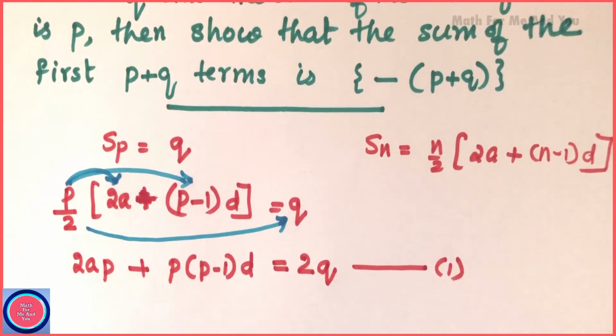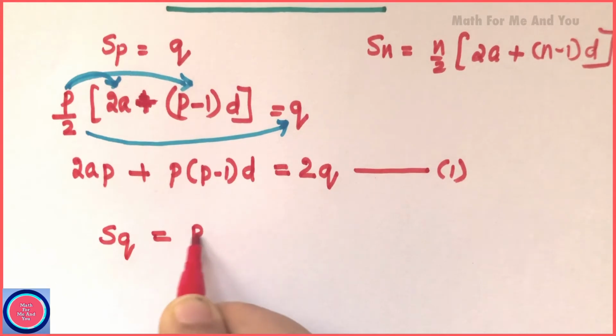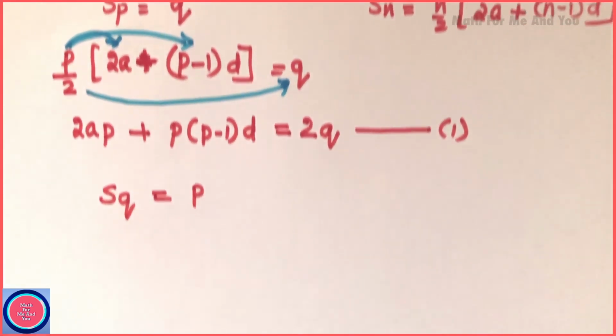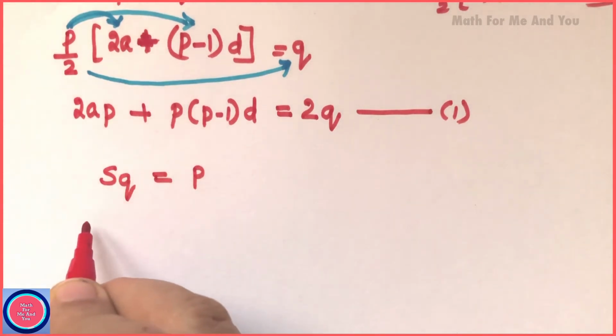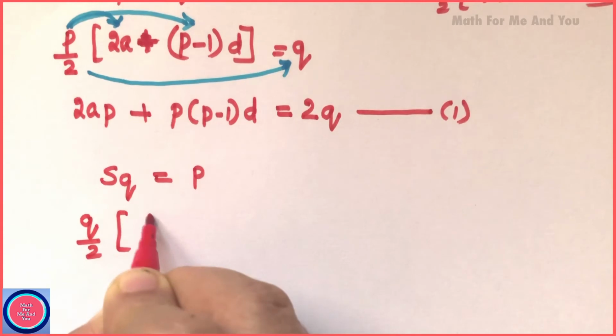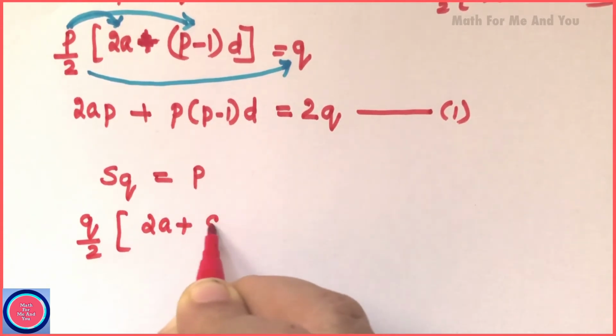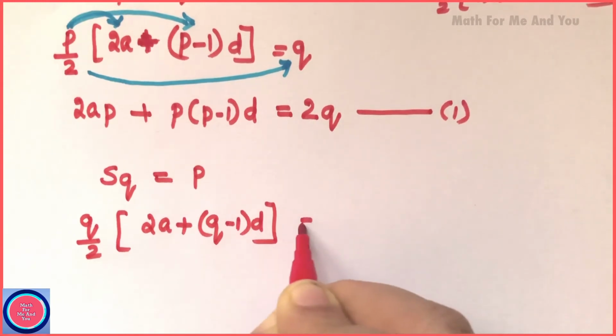The same way we can write the second condition. Sum of q terms is equal to p. SQ is equal to p. How can we write SQ? In place of n, we write q, then we get q over 2 times 2a plus q minus 1 into d is equal to p.